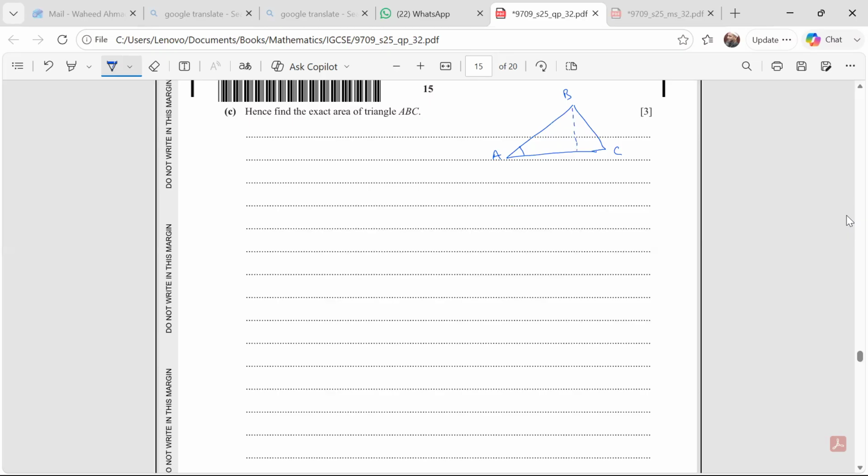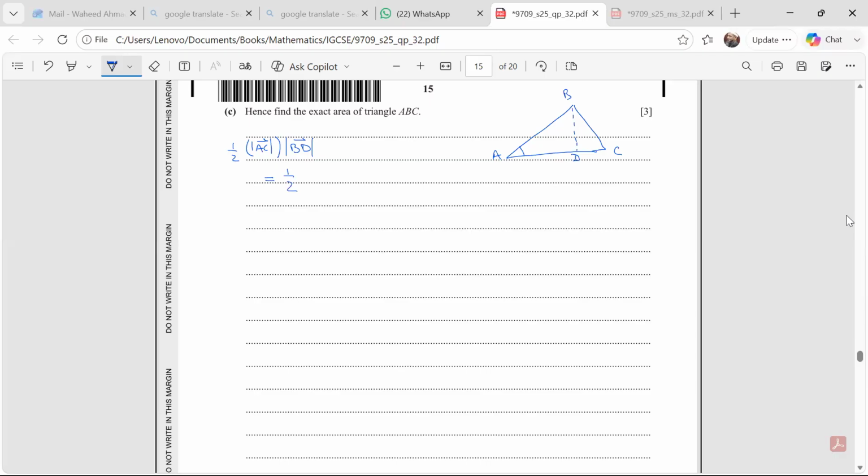So the area of this triangle is half into base. Base is AC, and this is the height BD.